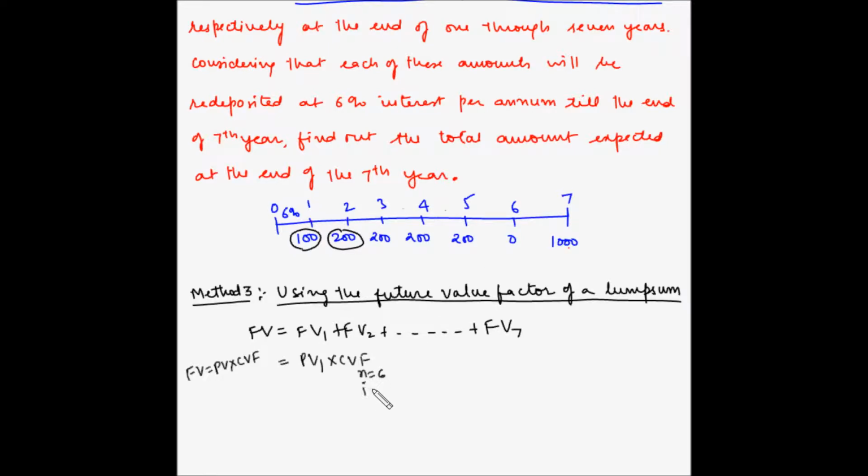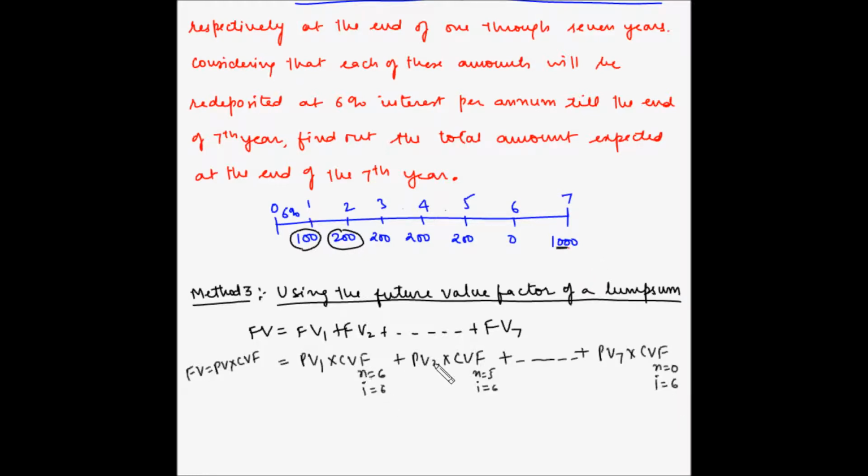And I is equal to 6 as well, plus PV2 into compound value factor where n is equal to 5 and I is equal to 6, and so on up to PV7 into compound value factor where n is equal to 0, because this amount is not going to be compounded for any duration, and I is equal to 6.